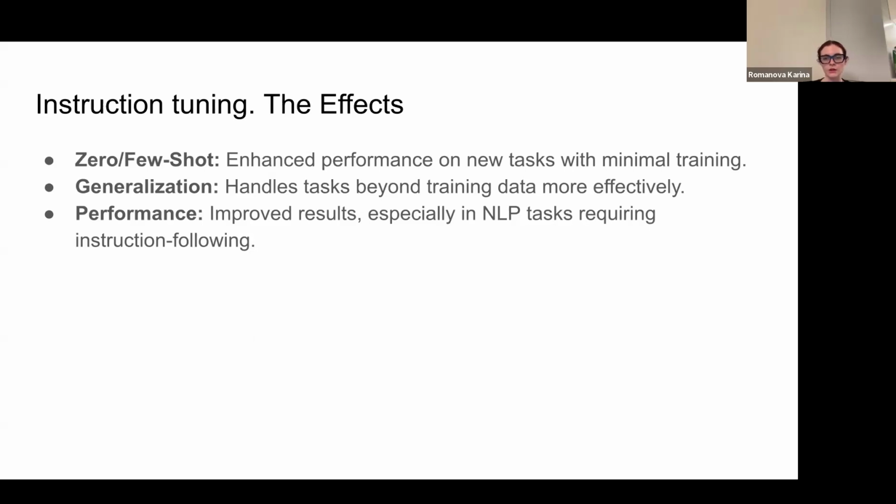Also, models can apply learned instructions to new and unseen tasks, demonstrating flexibility and adaptability. Also, models produce outputs that are more aligned with user expectations, increasing their practical utility. And models become more resilient to complex instructions, maintaining performance across diverse scenarios.